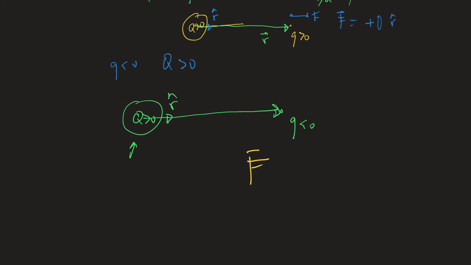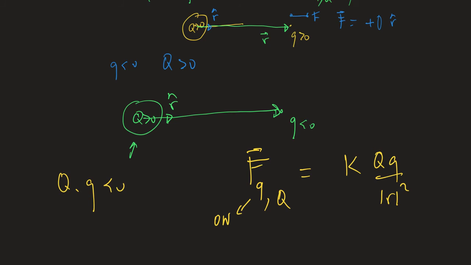The force acting on q due to capital Q is something positive times something positive times something positive, divided by something positive. Q by q will be negative because Q is positive and q is negative.